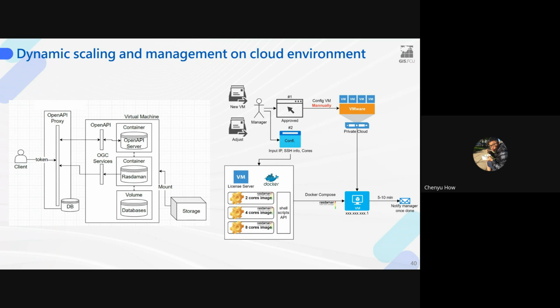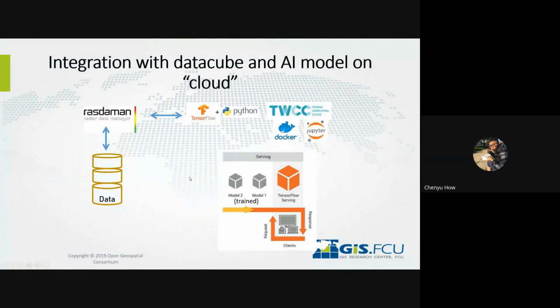And last one, by integrating with external AWS S3 for extensive storage space, the cost of the data access can be minimized to an acceptable or affordable level. Okay, then at the same time, we also tested the integration process between DataCube and some other AI models.